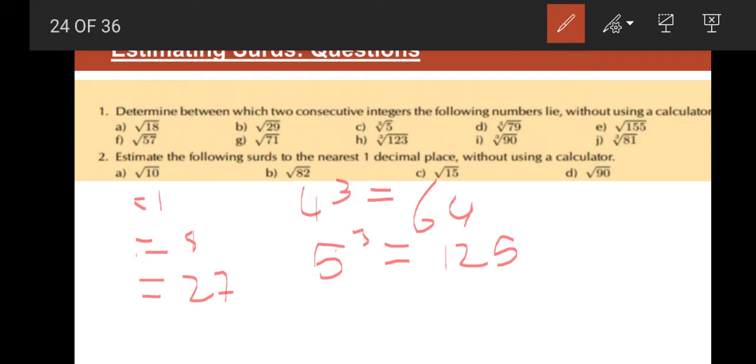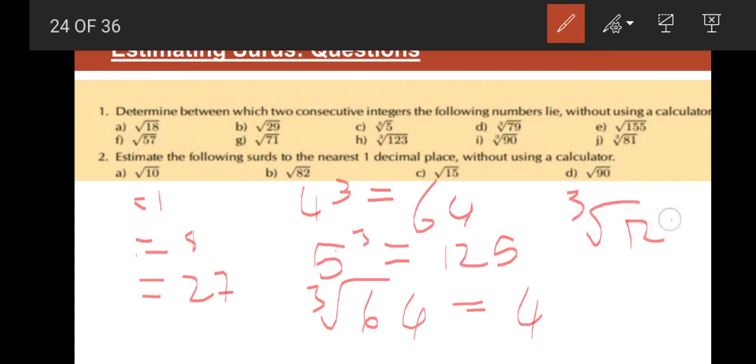So realize that if we take the cube root of any perfect cube, we will get an integer. In this case, the cube root of 64 is 4, and the cube root of 125 is 5.